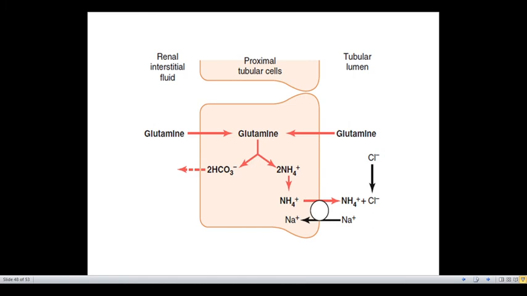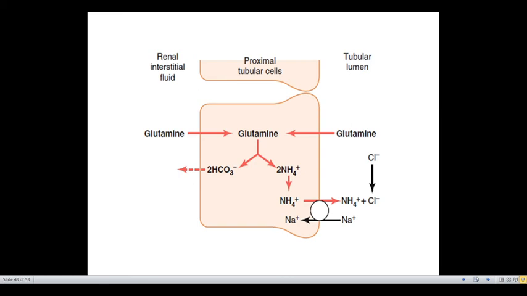The figure shows the production and secretion of ammonium ion by proximal tubular cells. Glutamine is metabolized in the cell, yielding 2 ammonium ions and 2 bicarbonate ions.